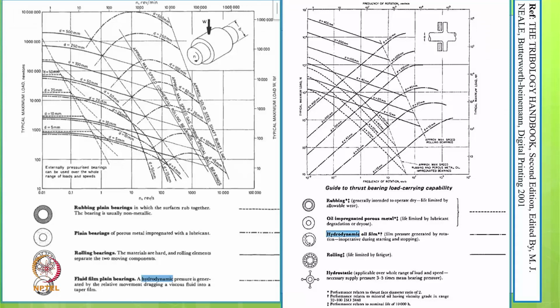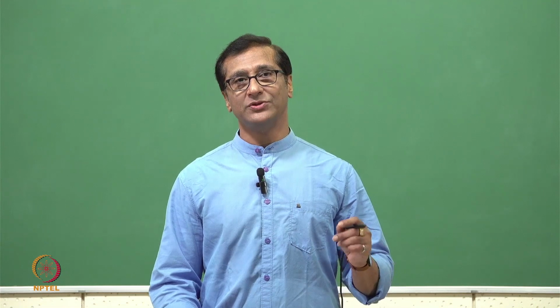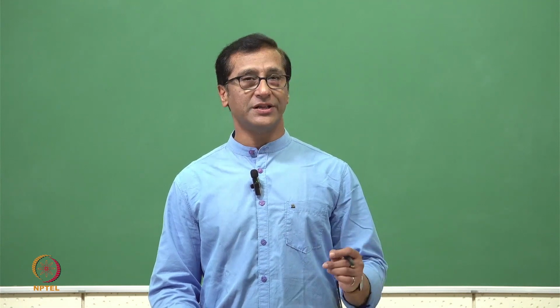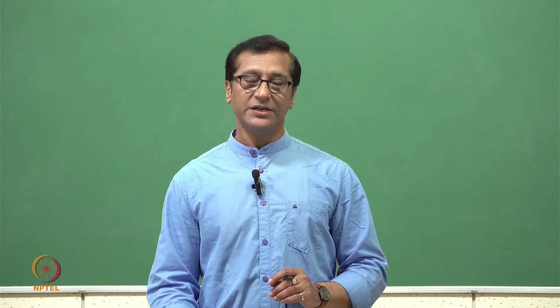So initially I'm just referring to the pages of Neale's book. When I searched for something like hydrodynamic, I got two pages from Neale's handbook. In this handbook he has given a suggestion on how we choose the right bearing for the operating condition.